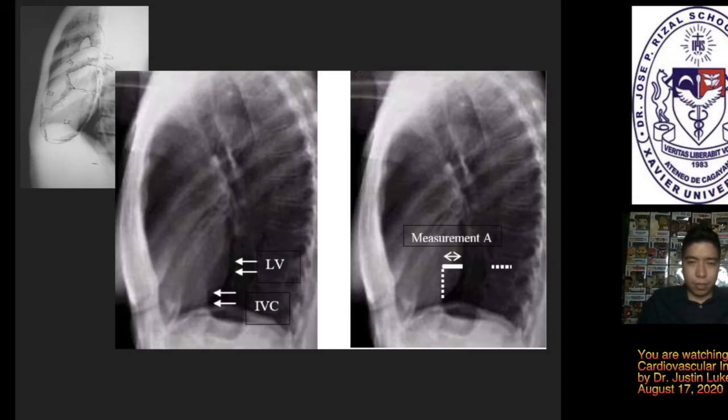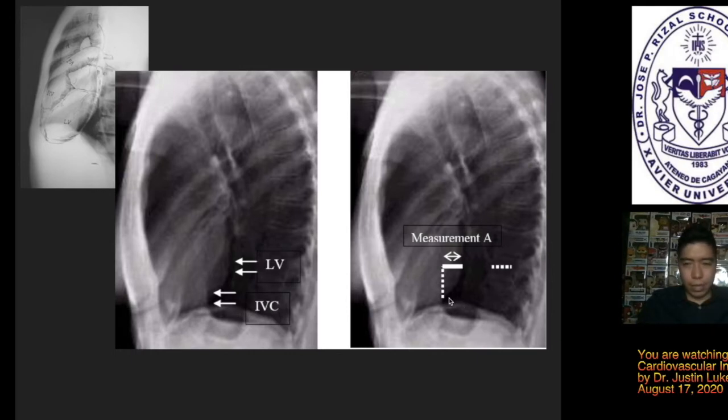On lateral view, this is the one I was talking about, there is a sign that will help us identify LV cardiomegaly on lateral view. That is the Hoffman-Rigler sign. We have to identify two anatomic structures, your inferior vena cava and your left ventricle.